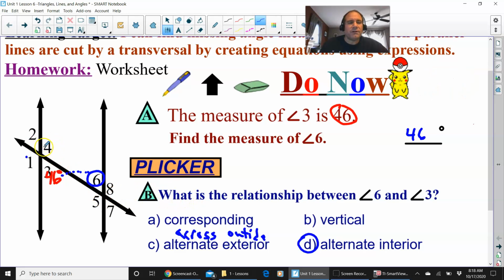and that's the way you kind of take a look at it. Look, 4 is in the lower right hand side of the top part. Which angle is in the lower right hand side in the bottom? Well, it's 8. So that is corresponding. Same location.